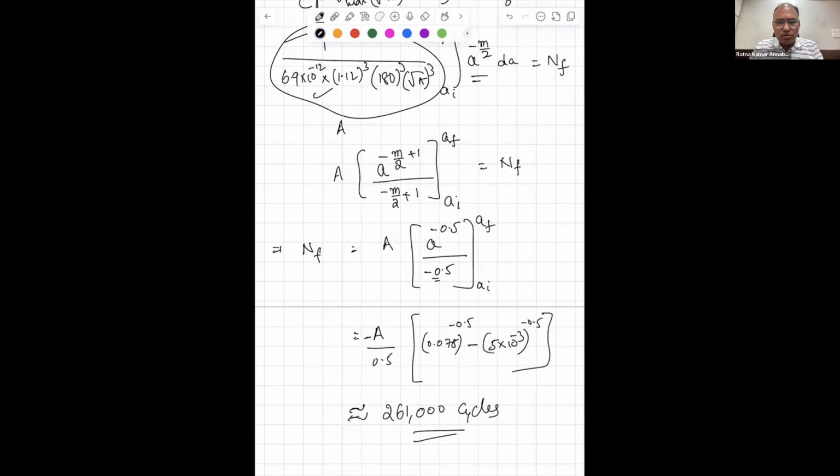C is equal to 6.9 E minus 12. M is equal to 3.